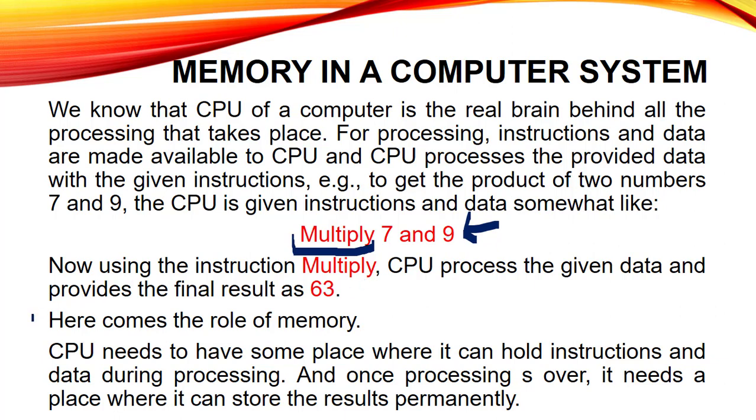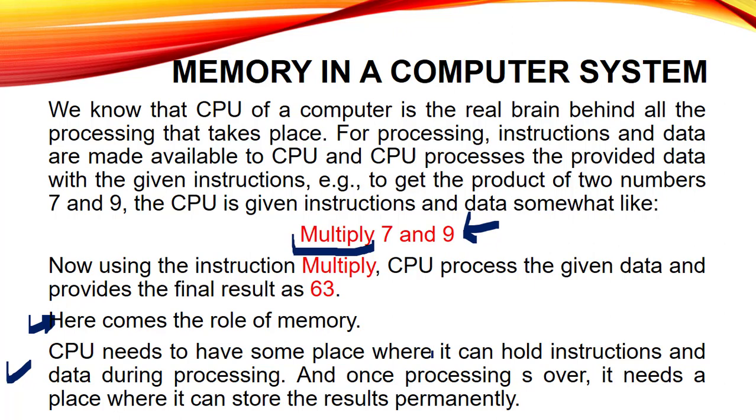Fine. Now here comes the role of our computer memory. After this processing, our computer has to store this data for future use. And for that, our computer may use the computer's memory. So the CPU needs to have some place where it can hold instructions and data during processing.